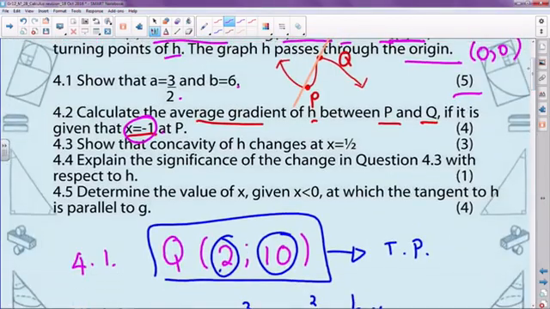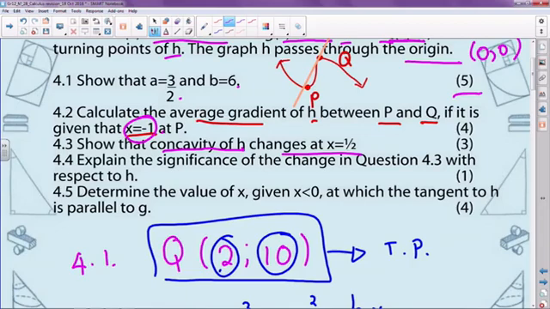So now they're talking about concavity. Show that the concavity of h changes when x is equal to a half. Remember, when we're talking about concavity, we need to start talking about the second derivative. I need to find the expression for the second derivative, and show that the sign of that changes at the point x is equal to a half.